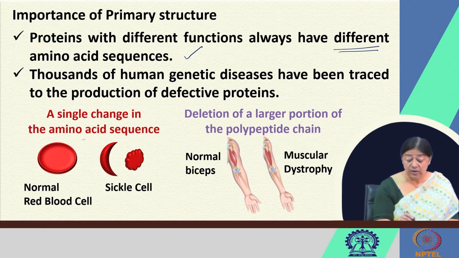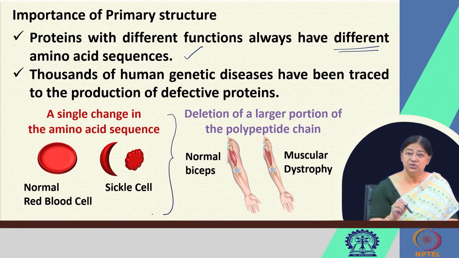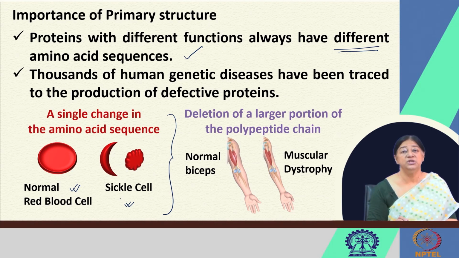We looked at how the variation in a single change of amino acid from glutamic acid to valine could turn a normal red blood cell into a sickle cell, depending on the change or the mutation in the type of amino acid, because we are changing the characteristics.